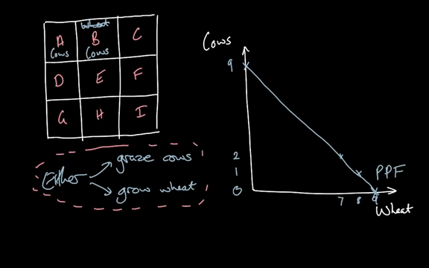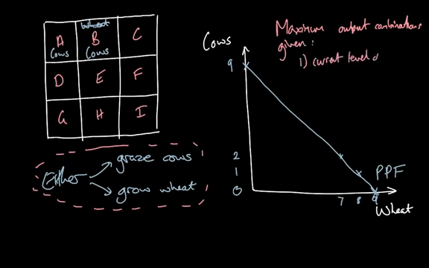And the way we describe this is that this is showing us his maximum output combinations given 2 key things: 1, current level of resources, and 2, constant technology.